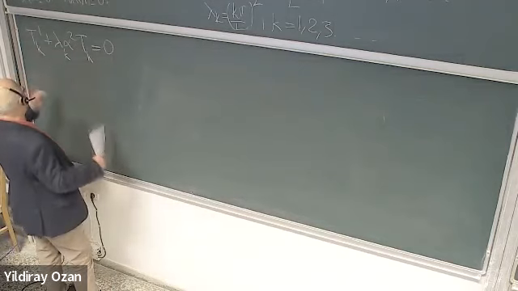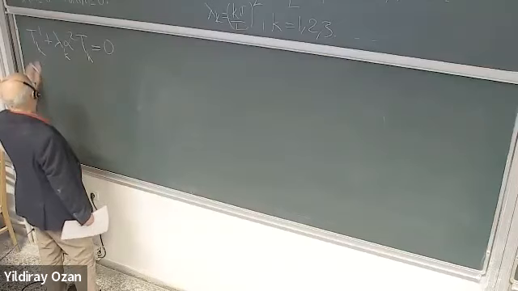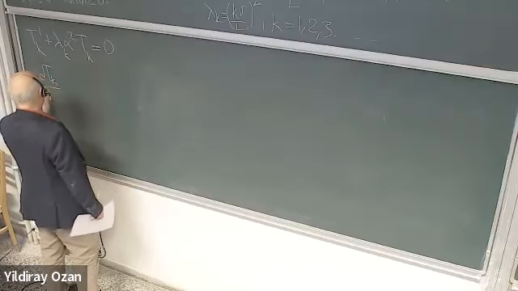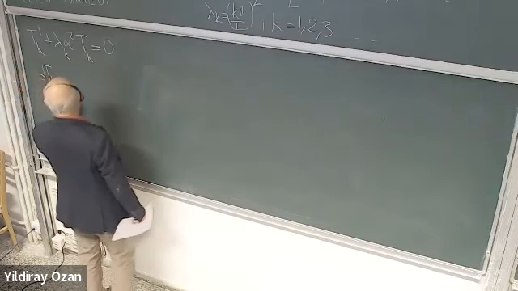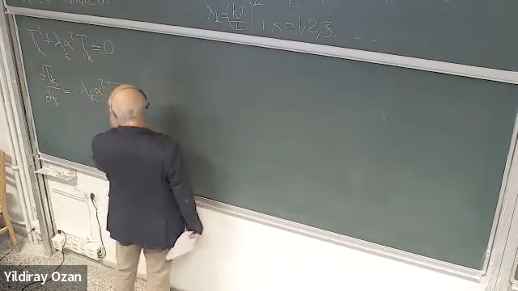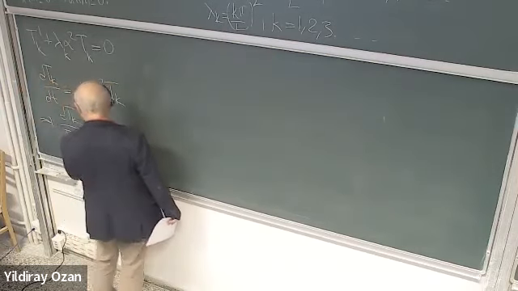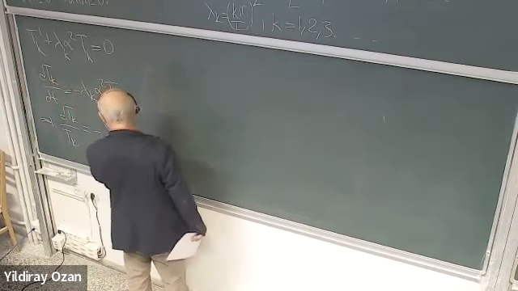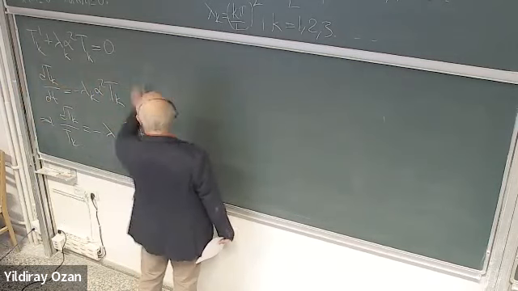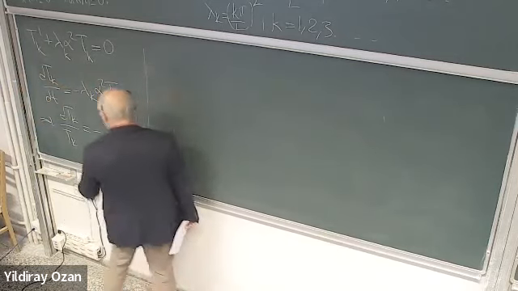Well, this is a first order equation, right? I can write it like this. So this is dT k over dt equal to minus lambda k alpha squared T k, and I can write it like this: dT k over T k is just minus lambda k alpha squared dt, and then we integrate both sides.